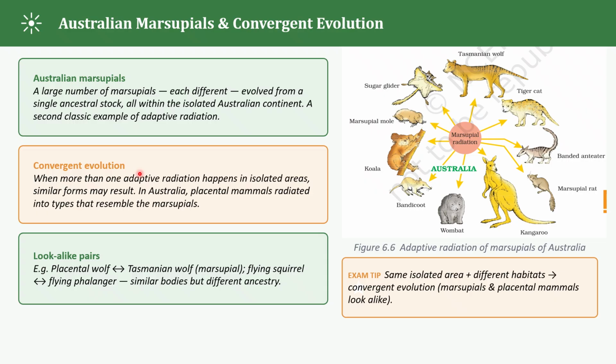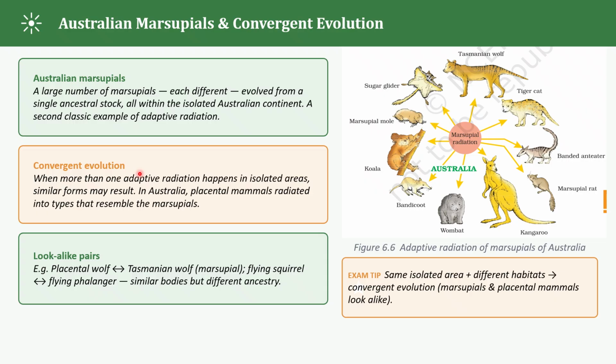For example, the placental wolf resembles the Tasmanian wolf, and the flying squirrel resembles the flying phalanger. But these animals did not come from the same recent ancestor. They evolved separately but developed similar features. Why? Because they adapted to similar environments, and this is called convergent evolution.